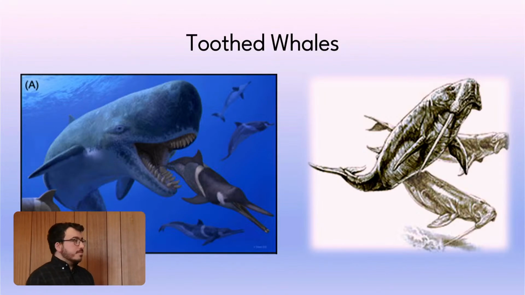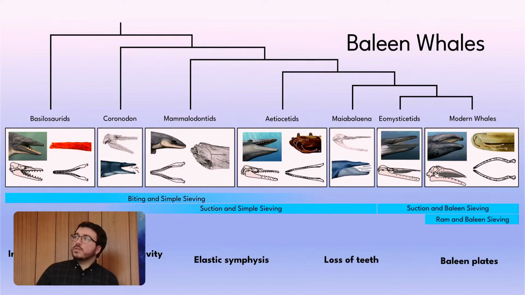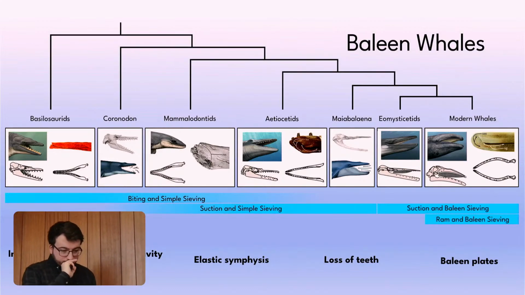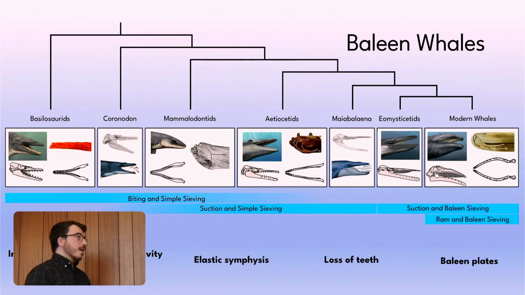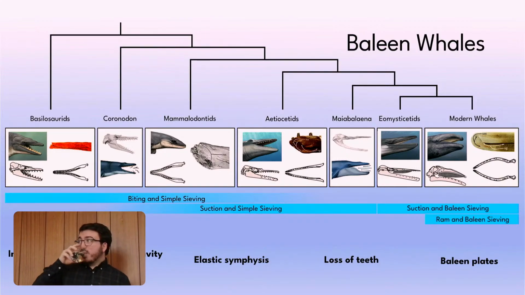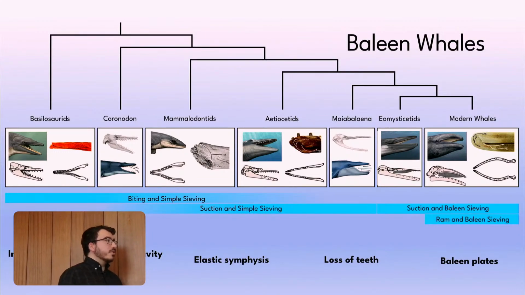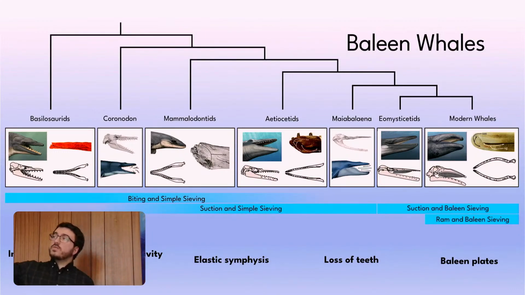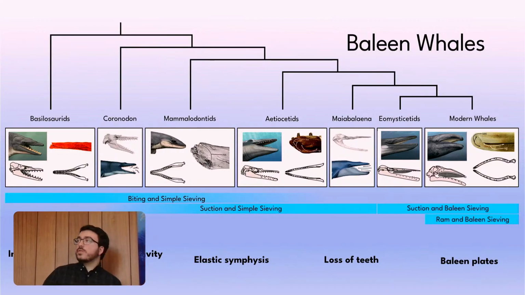But I find more interesting the evolution of baleen whales. So baleen whales are some of the strangest animals that we've got around today. And you might think, how did that evolution come about? So I've got a sort of simplified diagram that goes through some of the transitional fossils that we found.